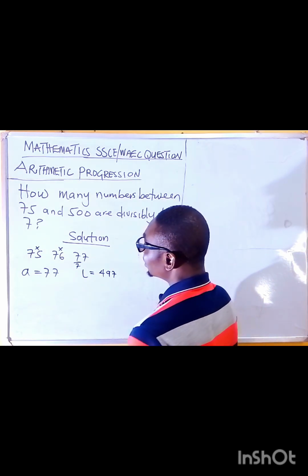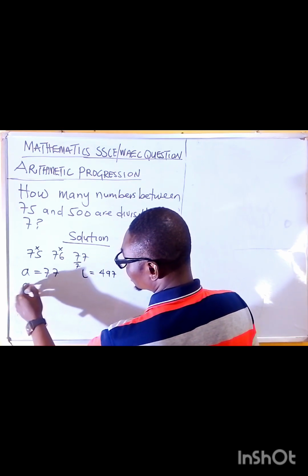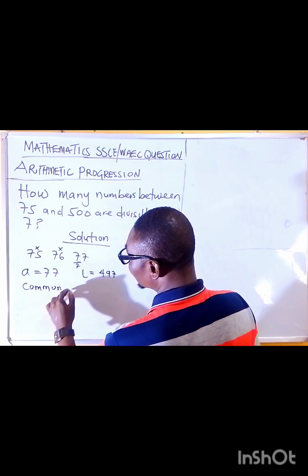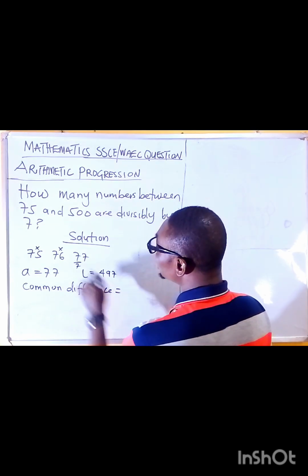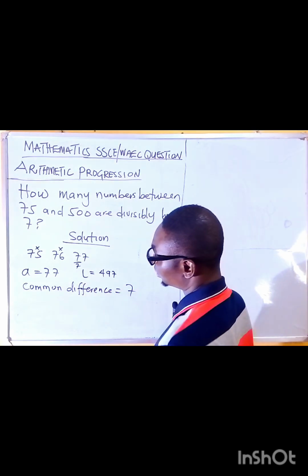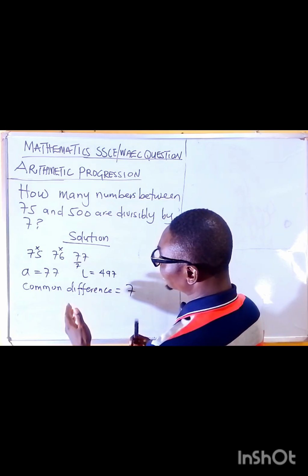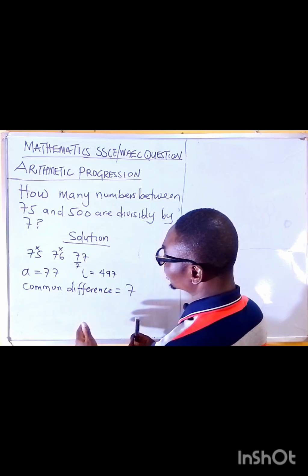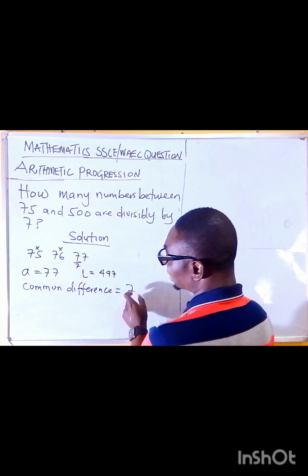Now, the common difference is equal to 7. That is the difference between the first term and the second term, or the difference between the second term and the third term, is always 7.